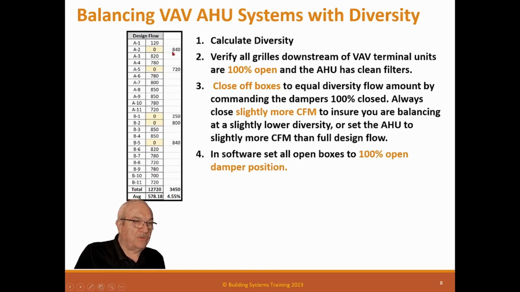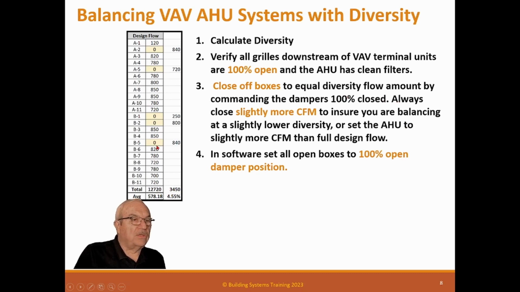Okay, so I selected boxes A2, A5, B1, B7, and B5 to close. Now we're going to close these boxes to get down somewhere near that 12,700 CFM. We didn't quite make it, but we're close.